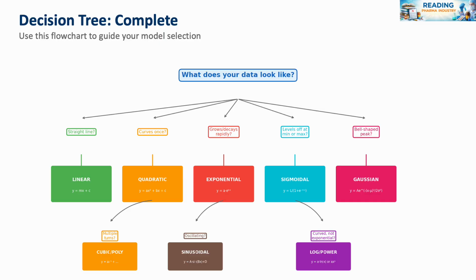Remember, the decision tree gives you a starting point, not a final answer. After fitting your chosen model, you must still evaluate the fit using residuals, goodness of fit metrics, and scientific judgment. If the fit is poor, return to the tree and try the next most probable model.